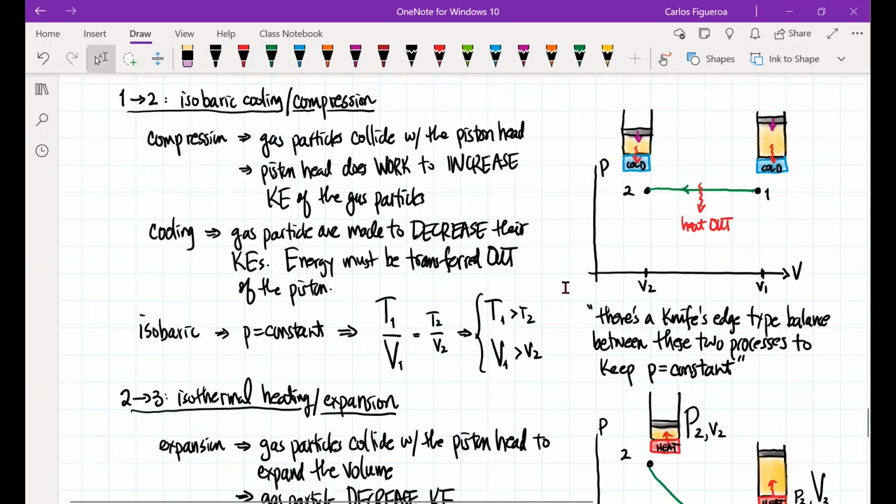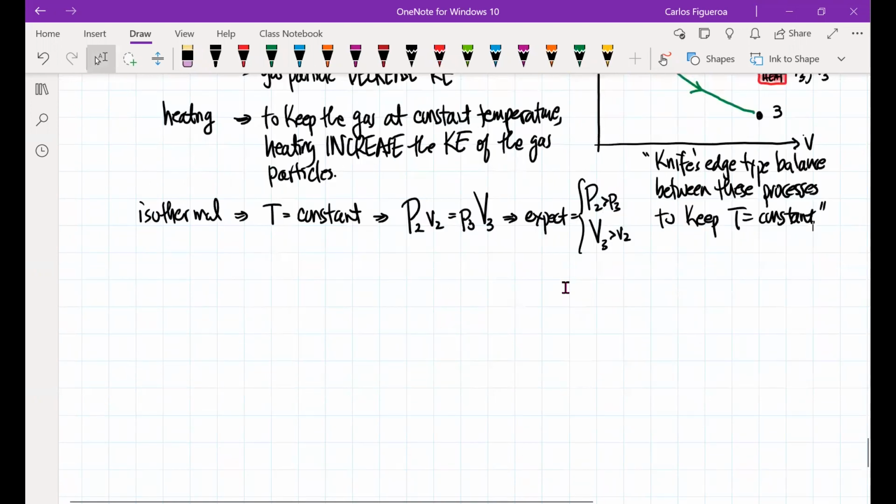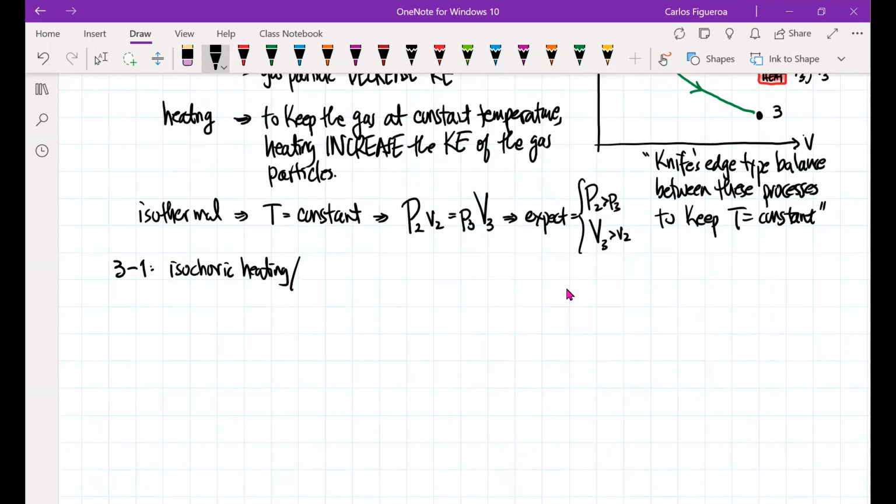So now if I come back here, I'm now going from 3 to 1, and this is isochoric heating. But in this case, there's no working. Why is there no working? There's no change in volume. So now I really only have heating going on.